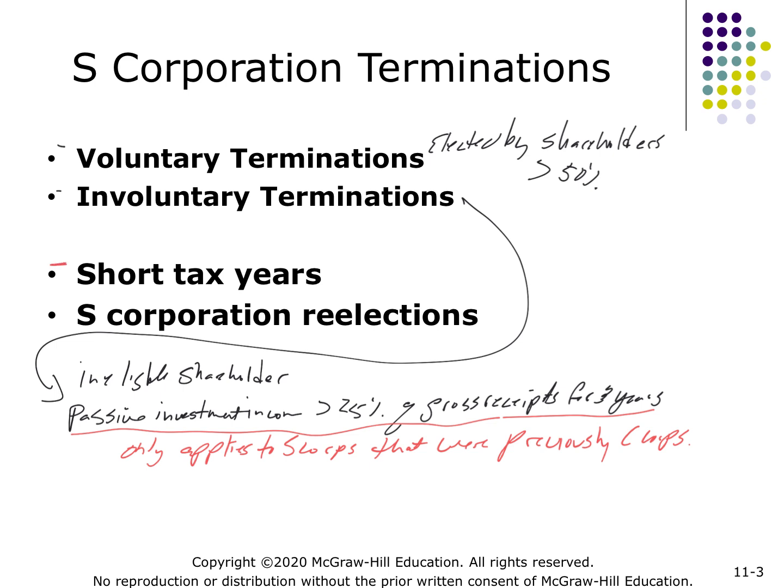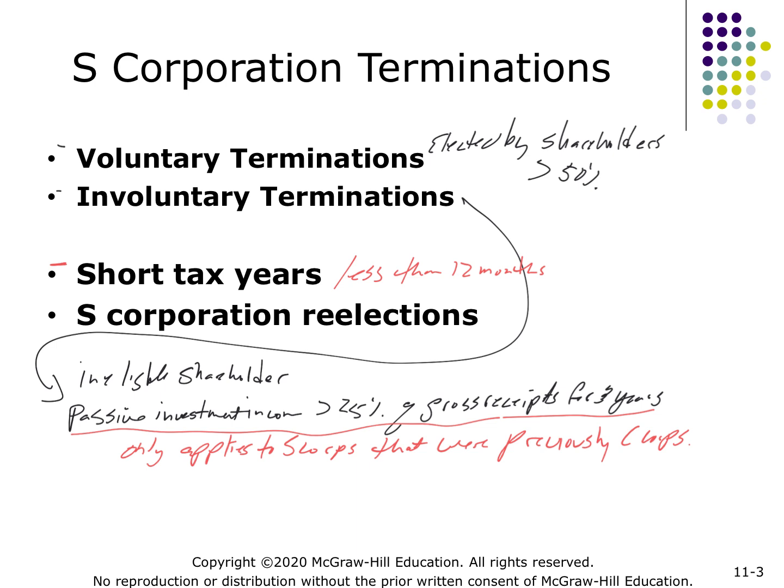And a short tax year is, as you would imagine, less than 12 months, okay? And so then you just allocate your income into that short tax year between the time period that you're an S corporation and the time period that you're a C corporation, okay?